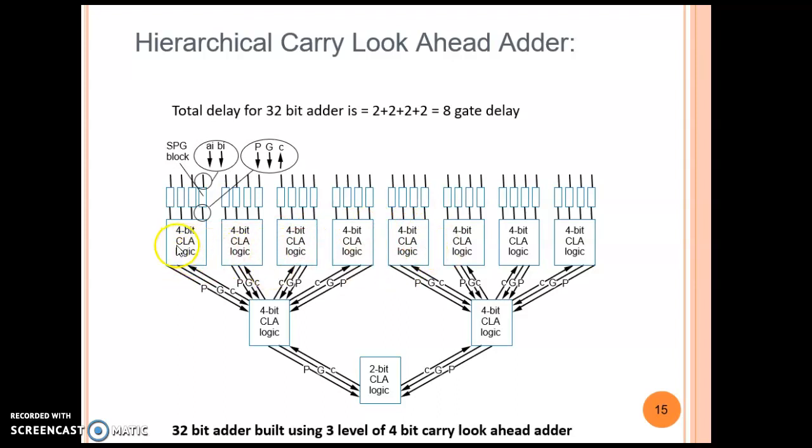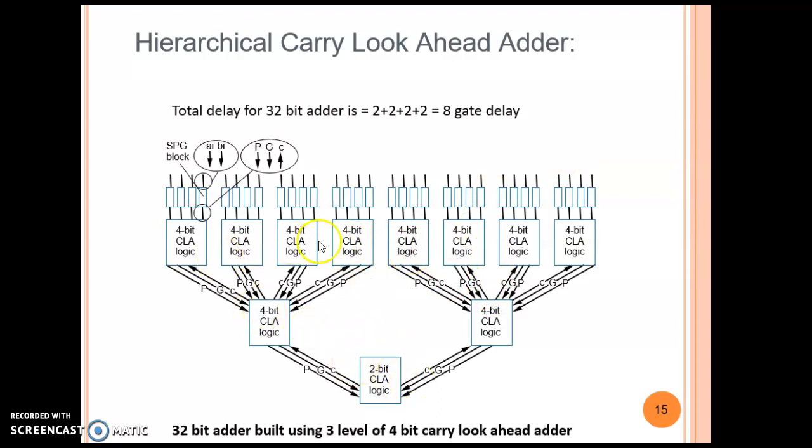Now every 4-bit adder is generating P and G terms. That P and G term is acting as the input to the next level of the carry lookup adder logic. So in this way it is forming a 3-level hierarchy: first, second and third.